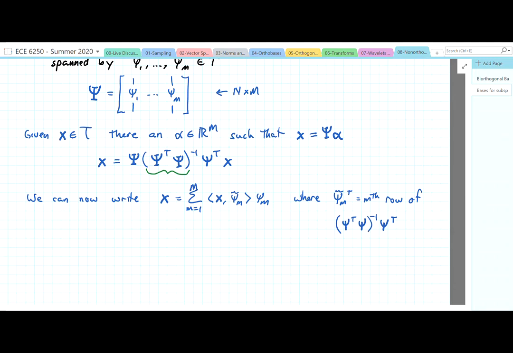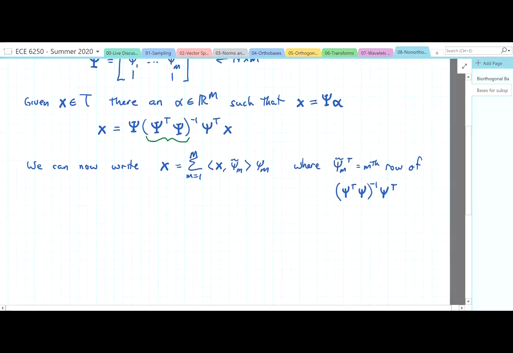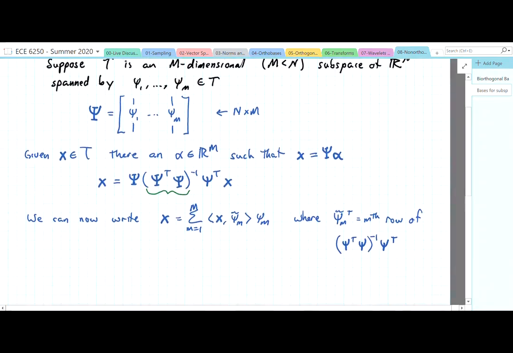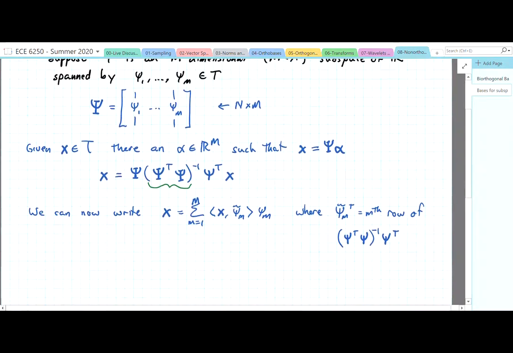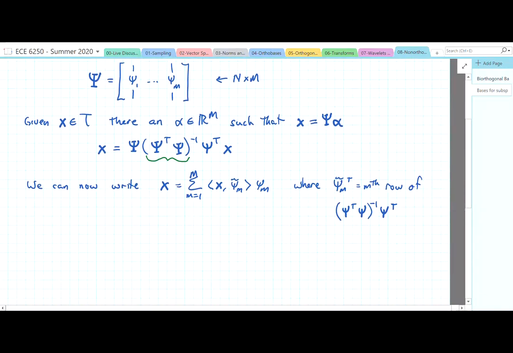Okay, so when m equals n, then this whole expression becomes just psi inverse, as we had before. So now we've got biorthogonal subspaces as well.